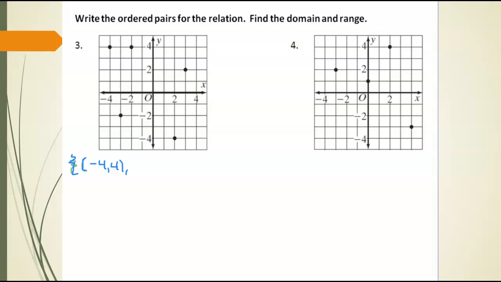I like to go left to right to try not to skip a point. -3, -2. -2, 4. 2, -4. And 3, 2.